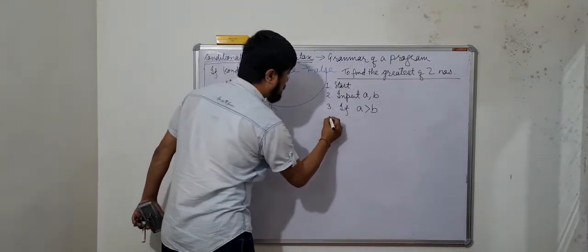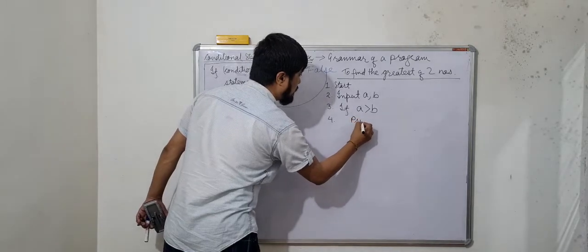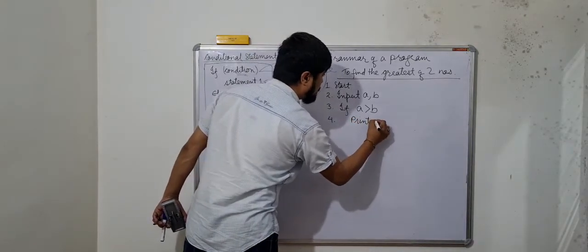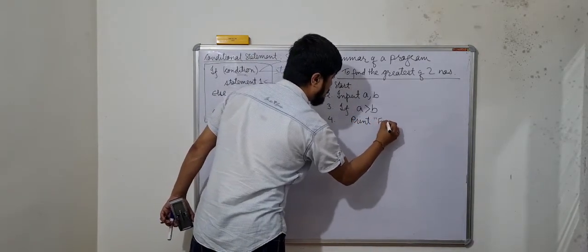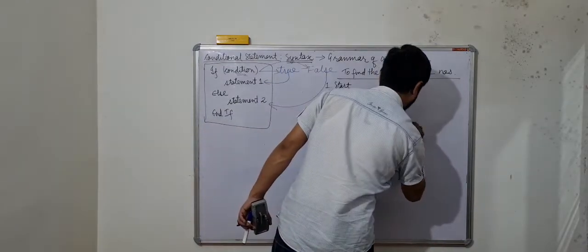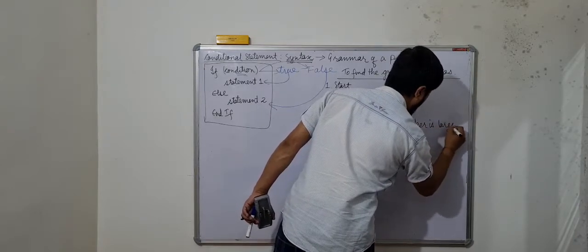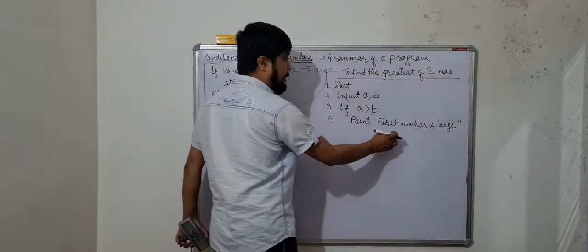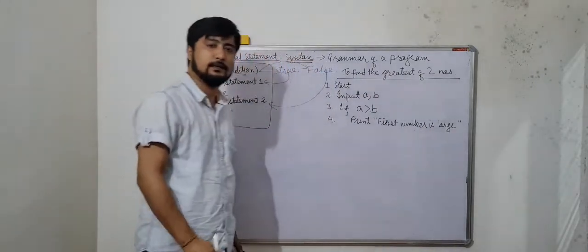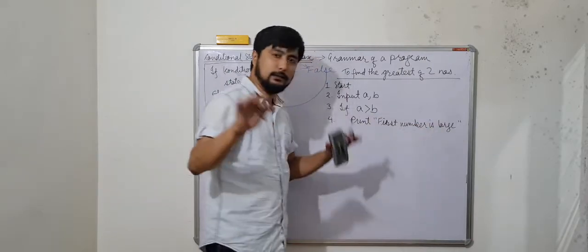Statement 1 means just the printing. We'll write beside this: print "first number is large". Since we are displaying a message, the message should be enclosed within double quotes.